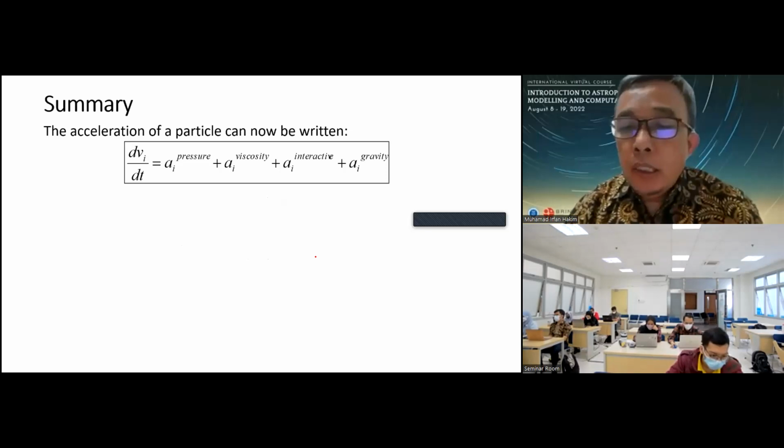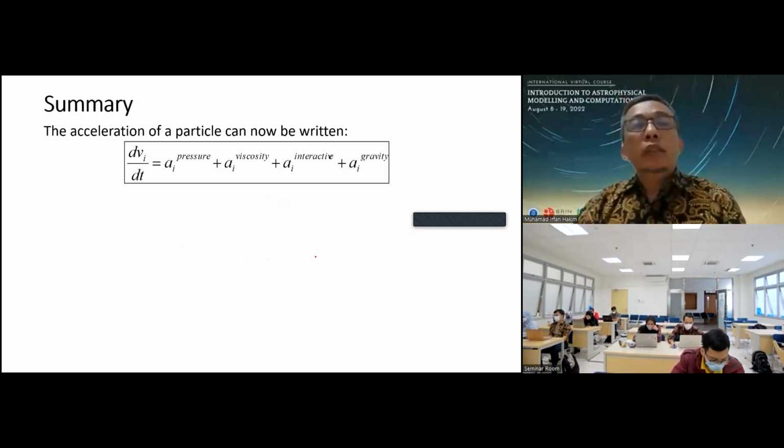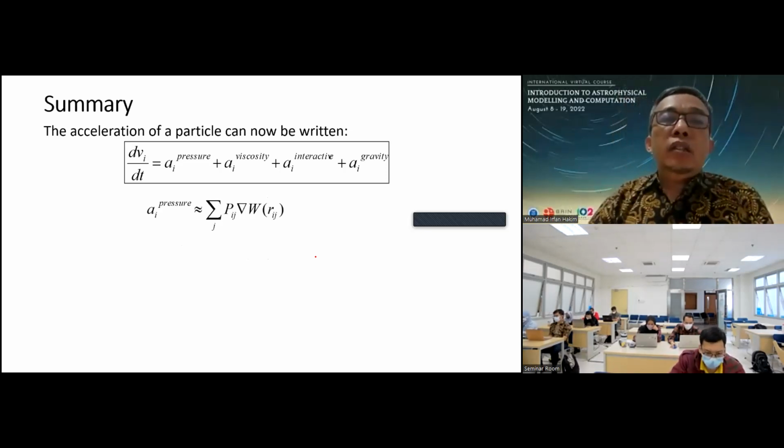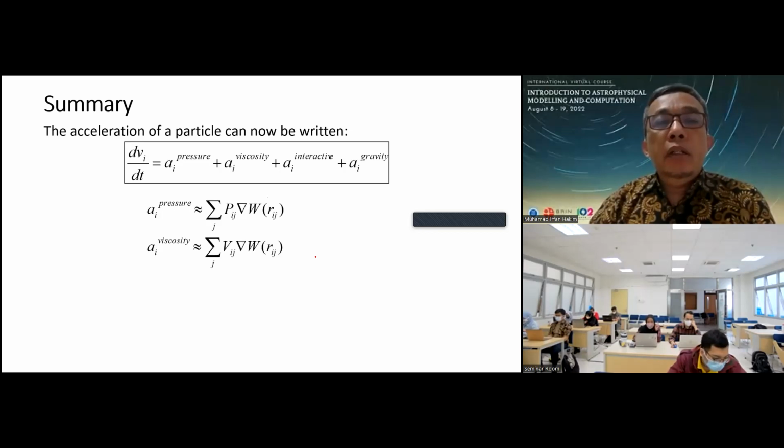For summary, the acceleration of a particle can now be written here.